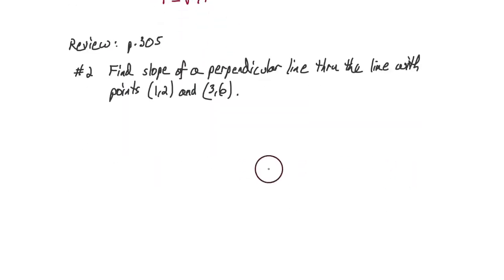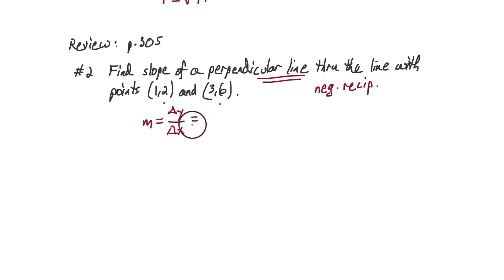For the review assignment, we're going back to our unit about perpendicular lines. Perpendicular lines have slopes that are negative reciprocals. Let's find the slope between this point and this point. We'll call that m. That's the letter used for slope. The formula is to find the change in the y's and the change in the x's.